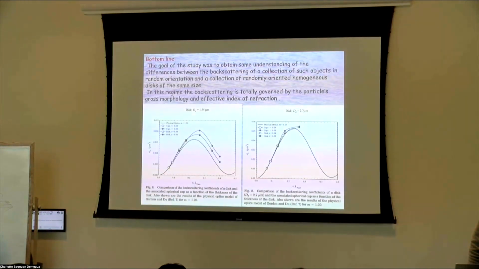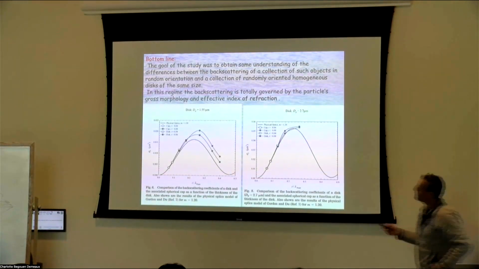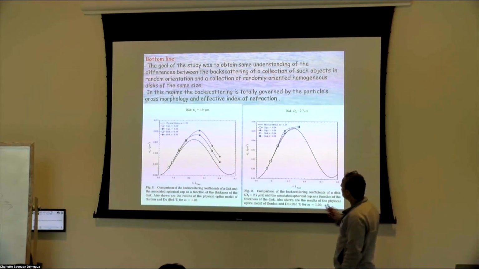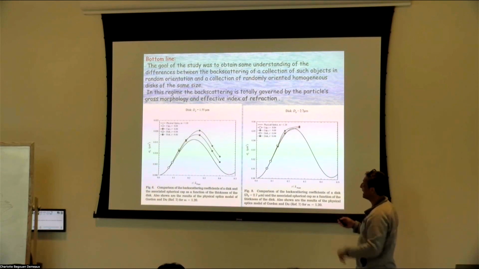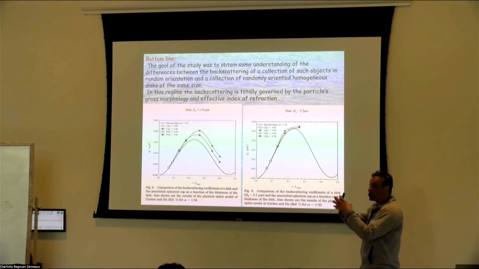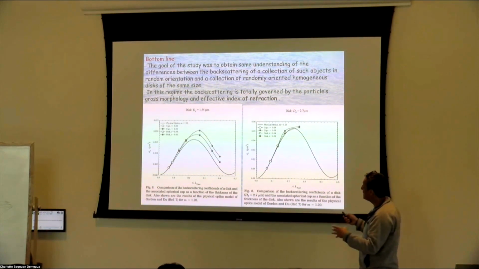But what's important, the bottom line of this paper, is that the goal of the study was to obtain some understanding of the differences in the backscattering of a collection of such objects in random orientation and a collection of randomly oriented homogeneous disks of the same size. In this regime of size, which is about 1.5 micron in diameter, the backscattering is totally governed by particle gross morphology and effective image reflection.